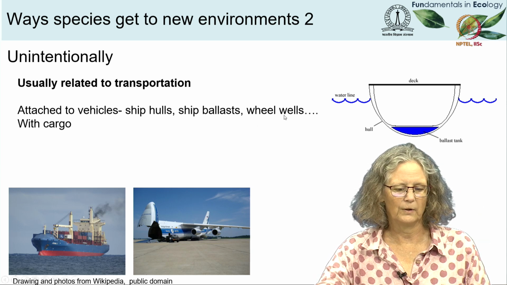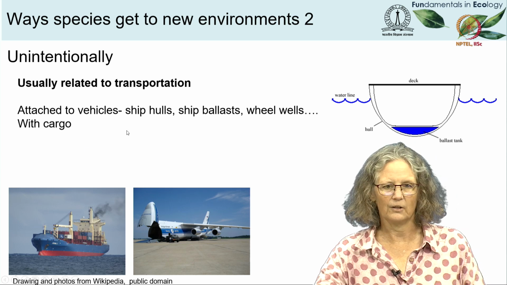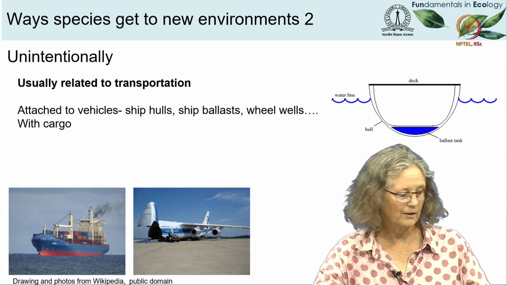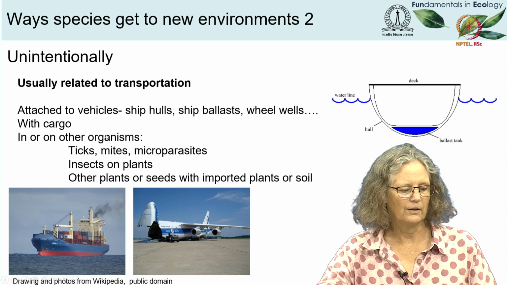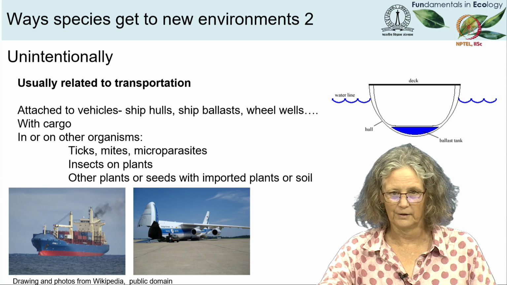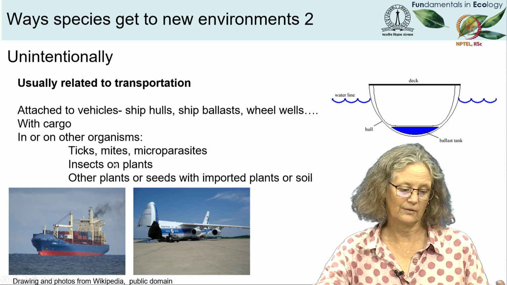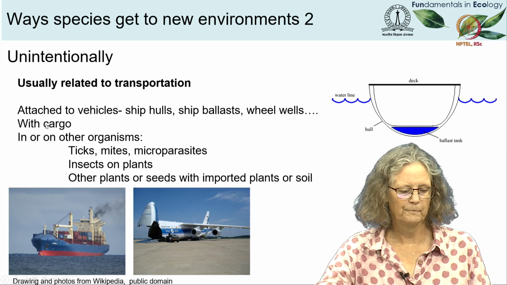It can be in the wheel wells of vehicles, of trains. It can be packed along with cargo. It can be part of the cargo. Those are unintentional ways. Invasive species also arrive with other organisms. So parasites, ticks, mites, and other kinds of parasites arrive with their hosts.